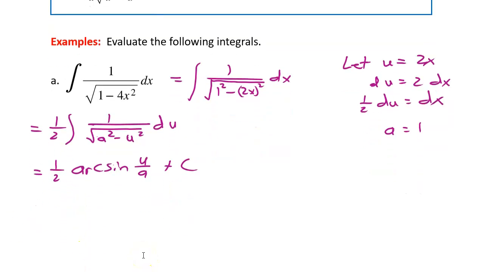The last step is just to fill in the values. U was 2x, and a is 1, so this is arcsine of 2x plus c.